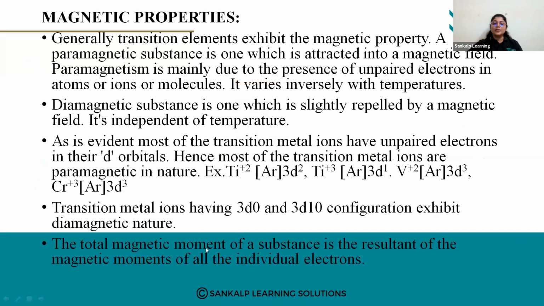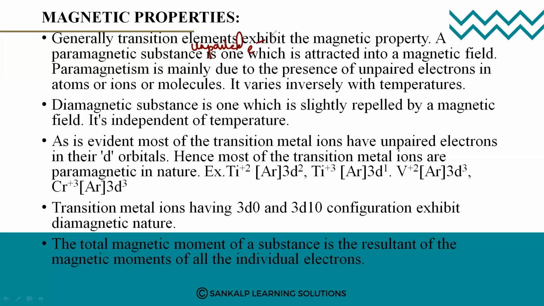Next is magnetic property. Generally the transition elements exhibit magnetic property. A paramagnetic substance is one which is attracted into a magnetic field. Paramagnetic means unpaired electrons are present, so they will be attracted to a magnetic field.